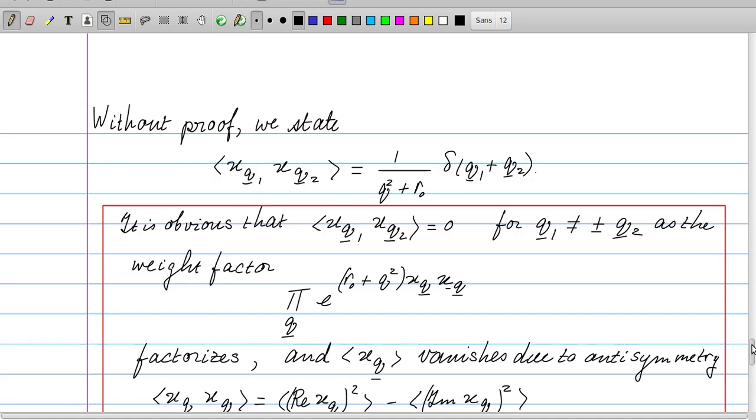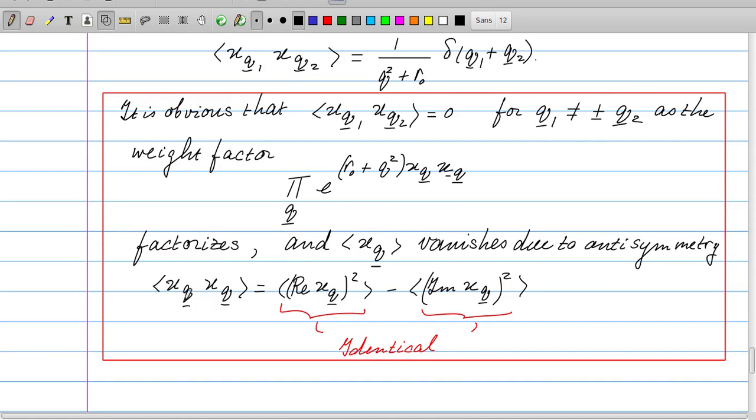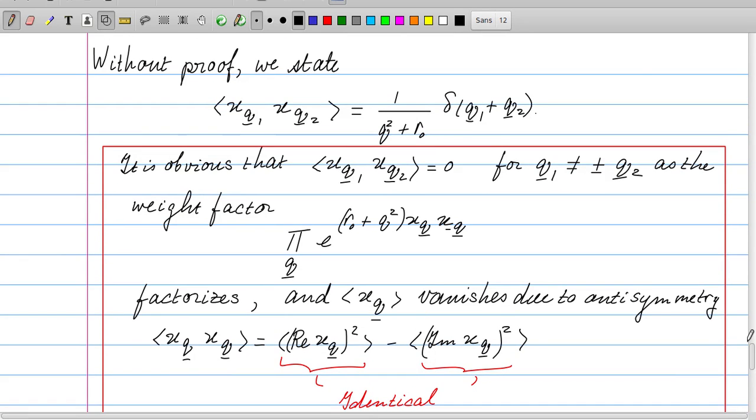Also, there would of course still be a possibility of a combination of 2 of the same q's, but then it turns out if you evaluate this, it gives you the real part of xq minus the imaginary part of xq squared, and so these 2 expectation values are identical and they vanish. So this is the correct expression for the correlation function of the Gaussian model formulated in reciprocal space.